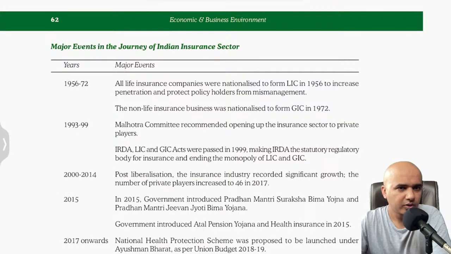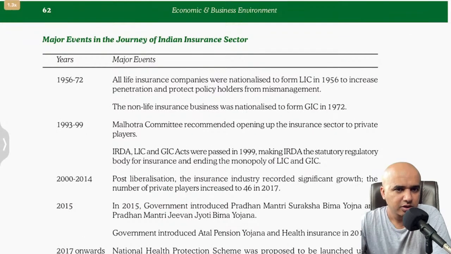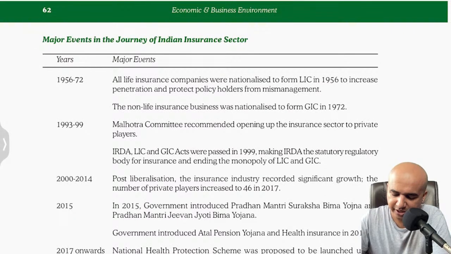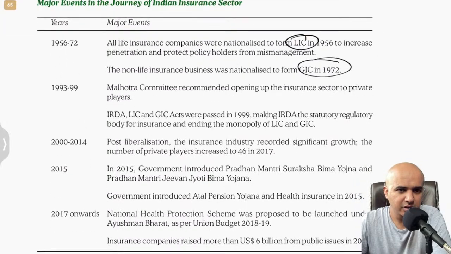Welcome back. Let's look at the major events in the journey of Indian insurance sector. 56 to 72, only we had LIC, and then we had non-life insurance business, which was also nationalized in 72. Then Malhotra committee recommended opening up the insurance sector to private players.